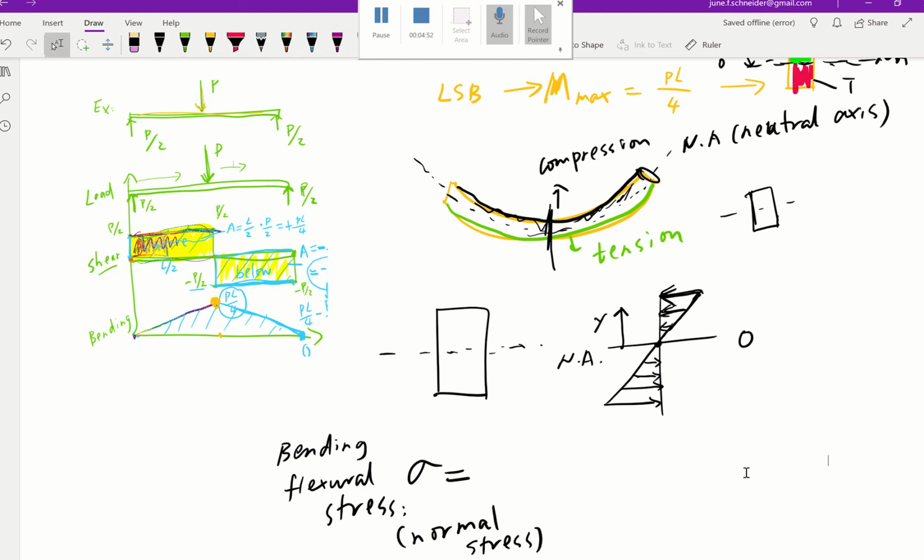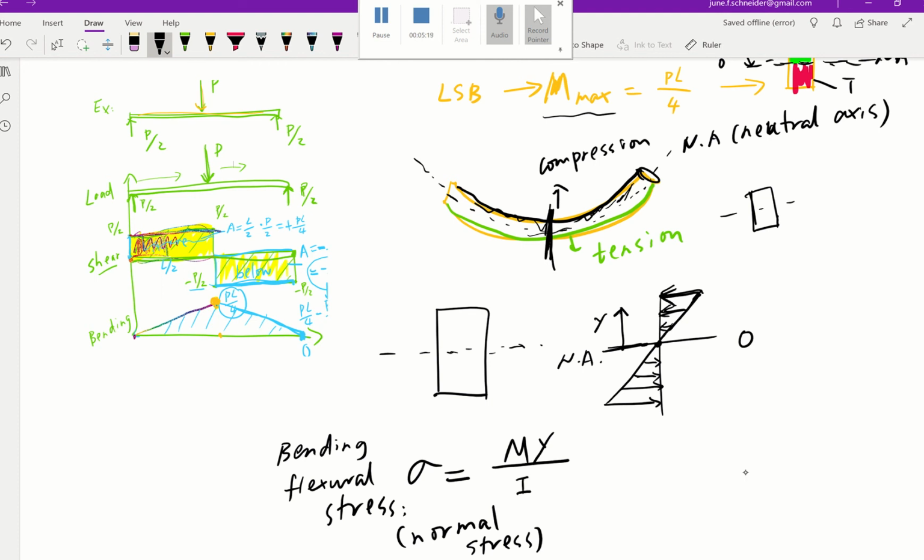It's perpendicular to that surface, so it's a sigma, and the formula is M, the moment at this cut right here, which happens to be our maximum bending, times the y. Y is how far above the neutral axis. My over I.